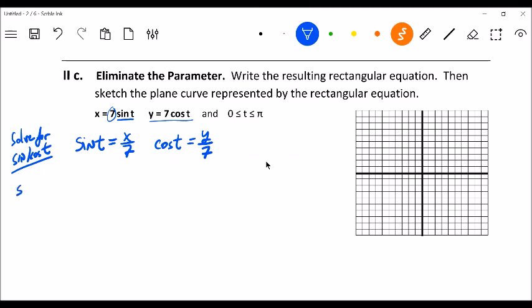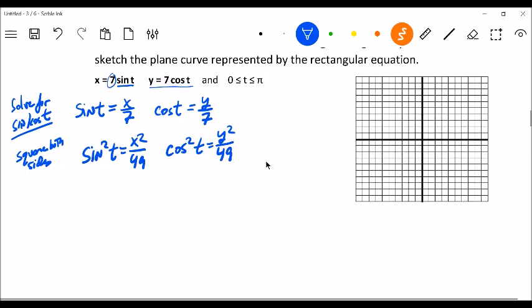The next thing we'll do is to square both sides. So that gives me sine squared t equals x squared over 49. And the same thing here. Cosine squared t is y squared over 49.